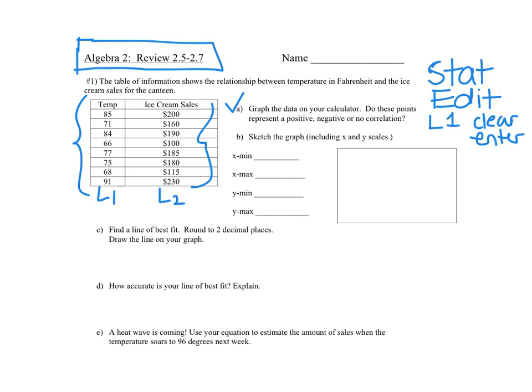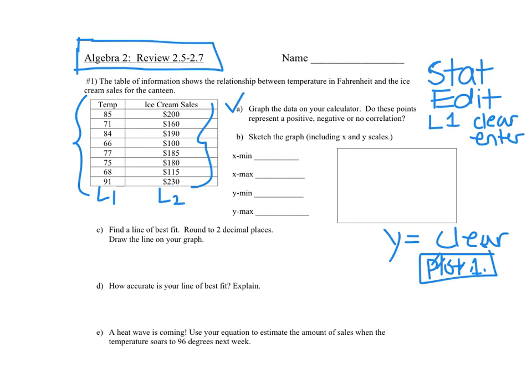To graph the data, you're going to go to the Y equals button. Go to Y equals, and then clear anything that you might have in Y1, and make sure that plot 1 is turned on. It's on if it's dark. So go arrow up, I hit enter, now my plots are on.